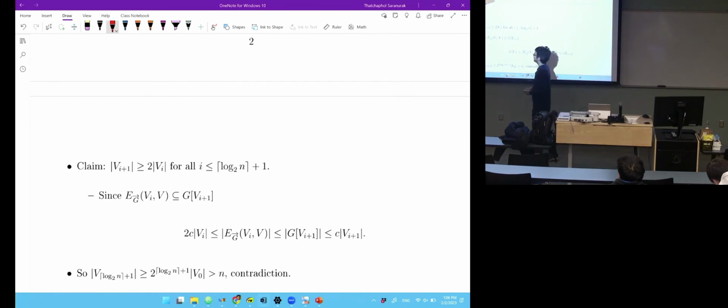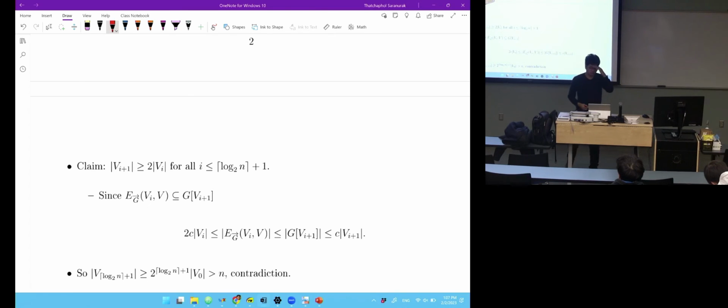If that is the case, I claim that the ball of radius i plus 1 will double in size compared to the ball of radius i. And if that is the case, you cannot double too many times, not more than log n times, because there are just n nodes in the graph. You cannot double too many times. So why is this true?